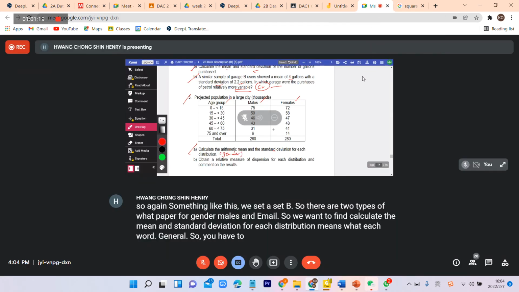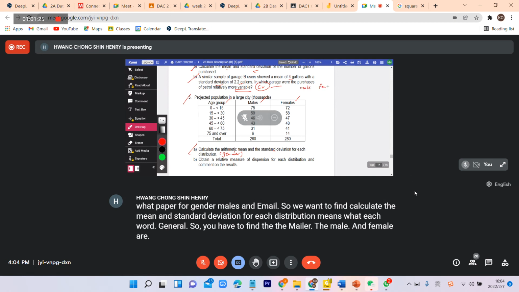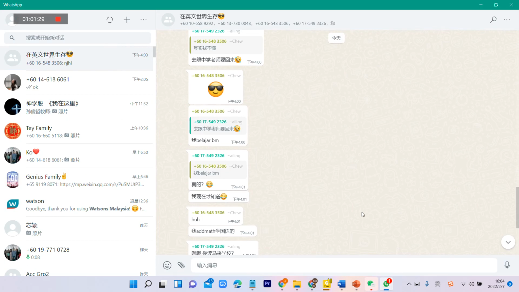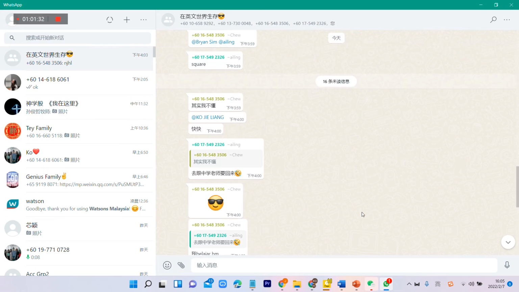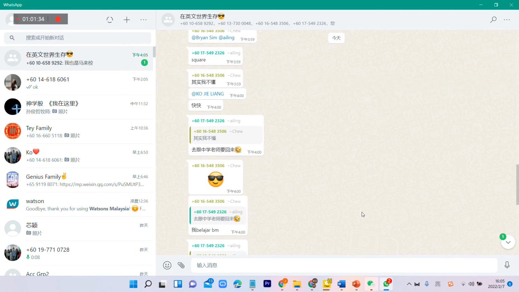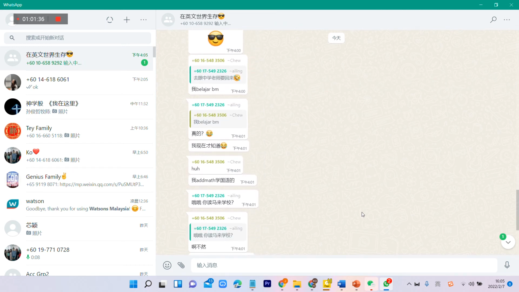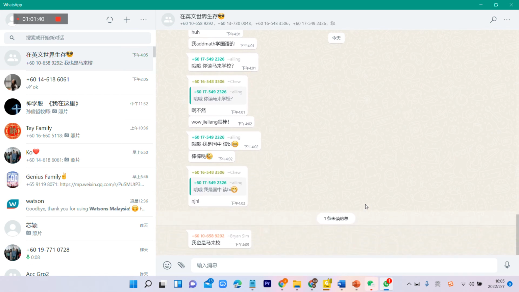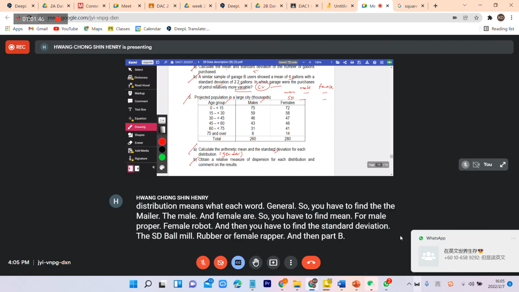So you have to find the mean for male and female, and then you have to find the standard deviation, the SD, for male and for female, and then part B, take a relative measure.